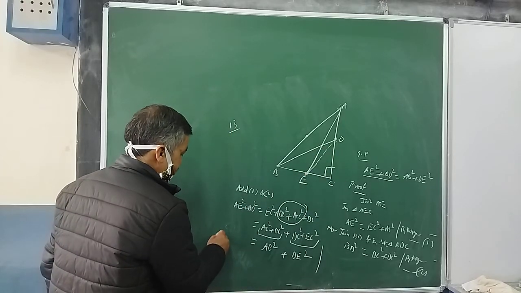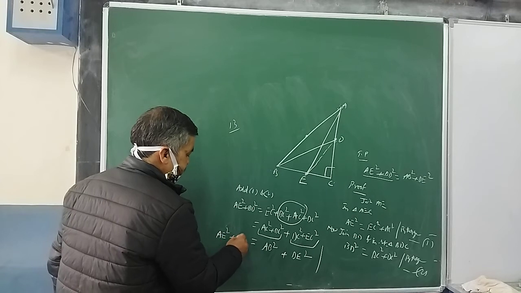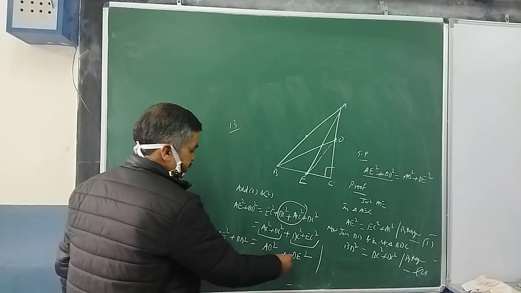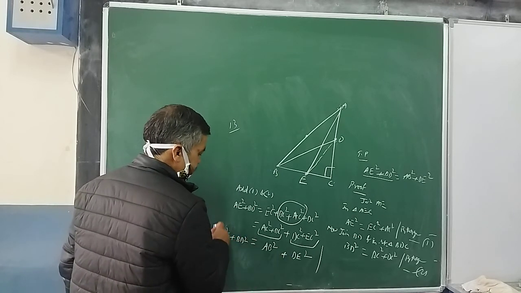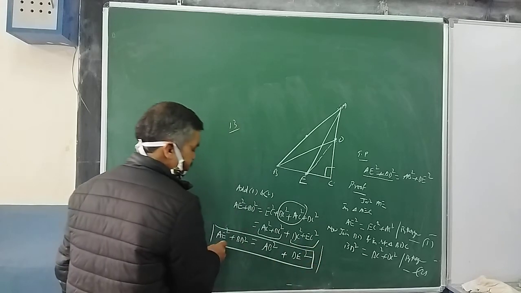Hence AE square plus BD square will be equal to AB square plus DE square, which you needed to prove.